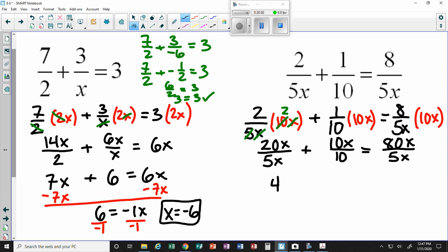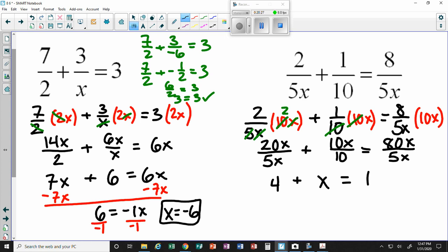X over X cancel, so 5 goes in 2 four times. This one, what would happen? Well, the 10s reduce each other, right? So I just have what? X. Here, the X's cancel, so it's just 80 divided by 5. Let's see, 5 goes into 8 once. 3 left over, so the 3 and the 0 become 30.